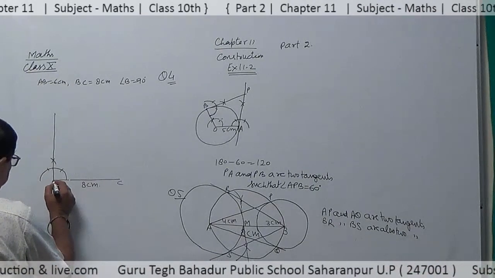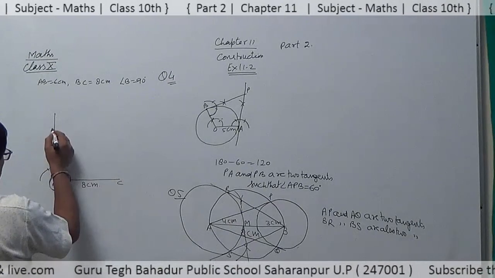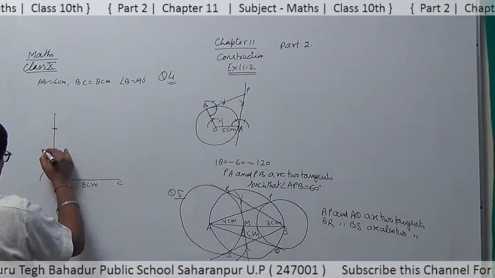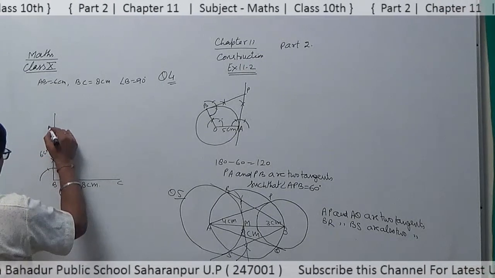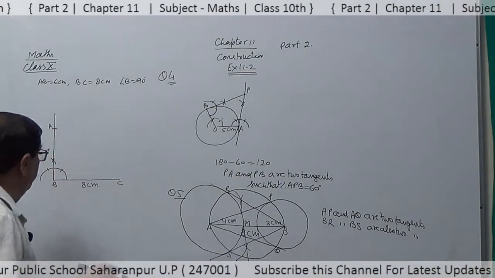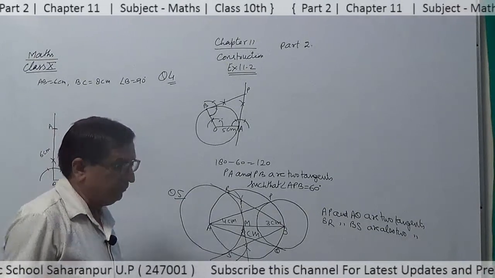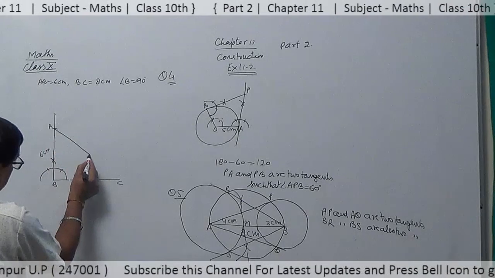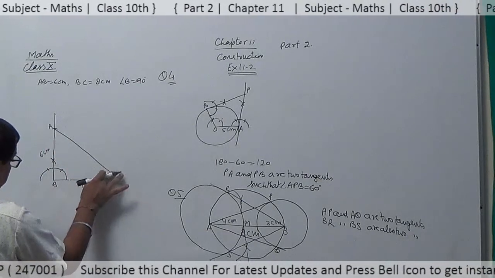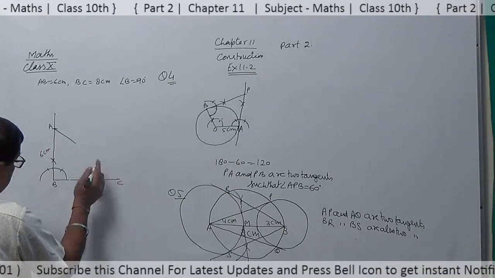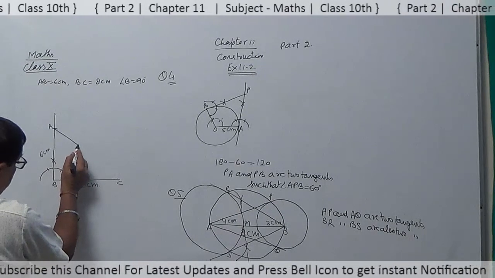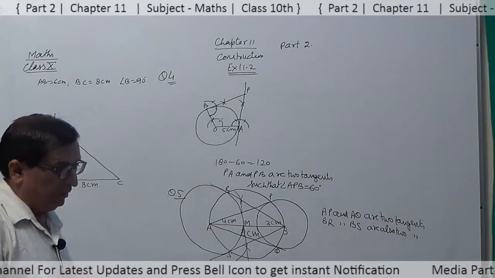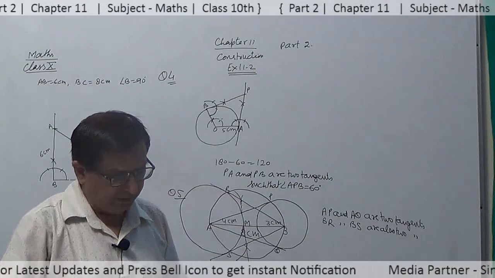From point B, measure 6 centimeter to point A. Join AC.